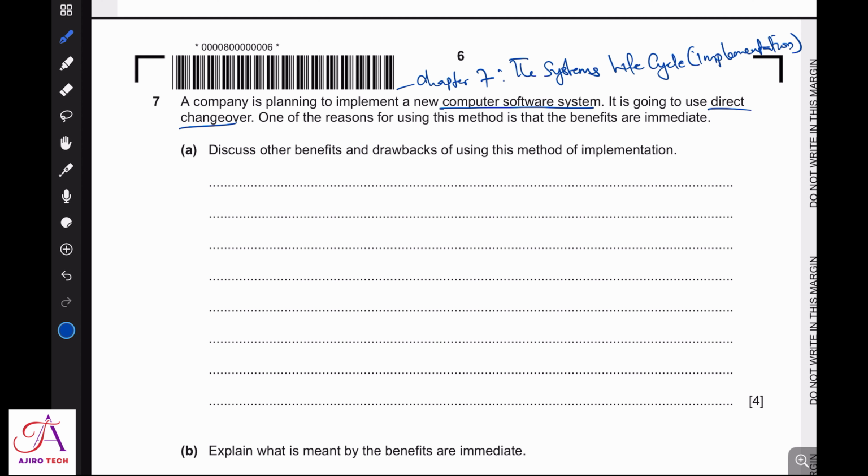One of the reasons for using this method is that the benefits are immediate. Good, I've given you one. Discuss other benefits and drawbacks of using this method of implementation.